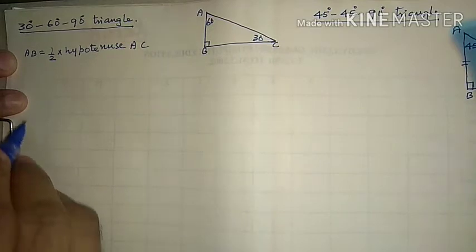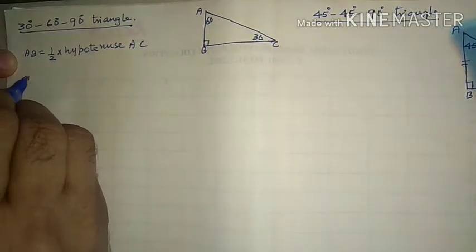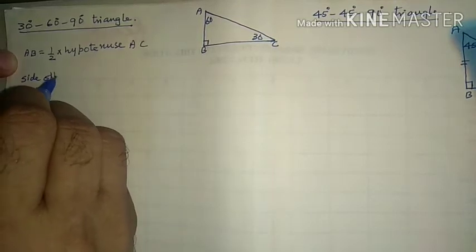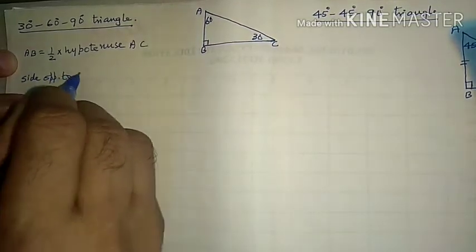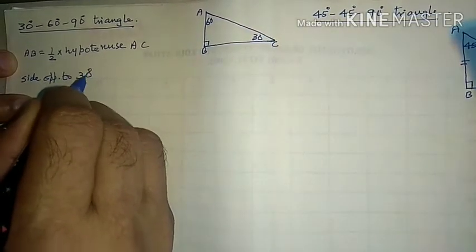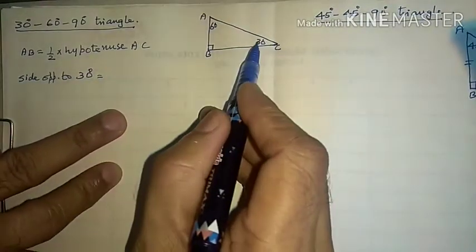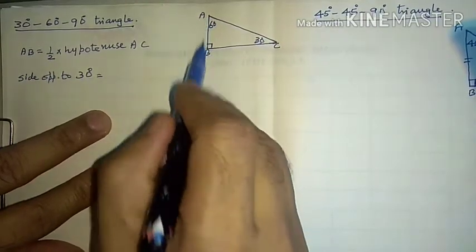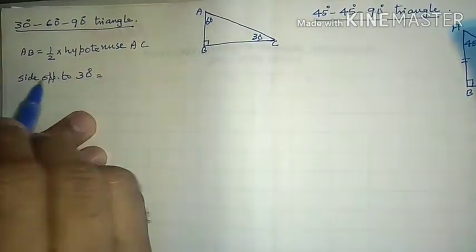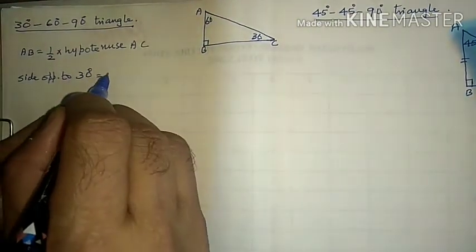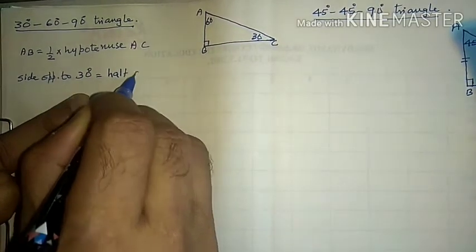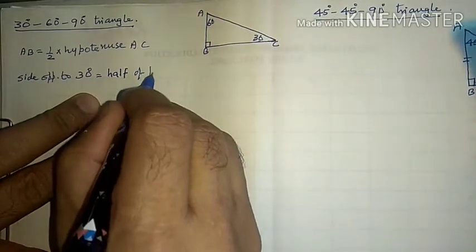Now we just have to remember it. The side opposite to the 30 degree angle is AB. The side opposite to 30 degree is half of the hypotenuse.